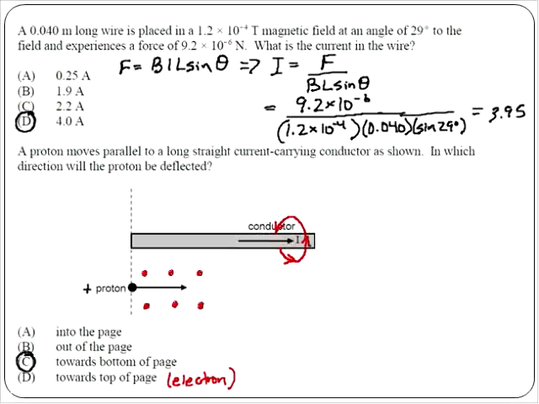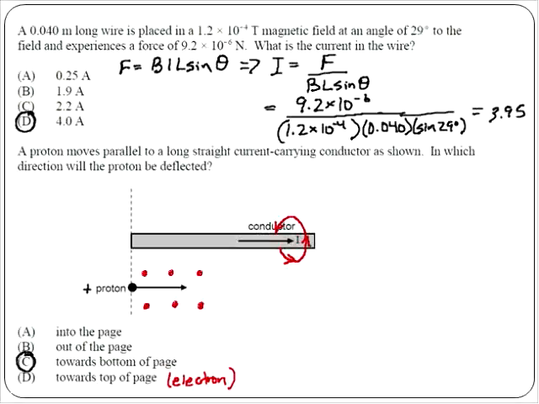So essentially you use your left-hand rule, but you switch the direction because it is a positively charged particle, not a negative. Or, if you have a positive particle, you can always use your right hand instead, and that would do the same thing.